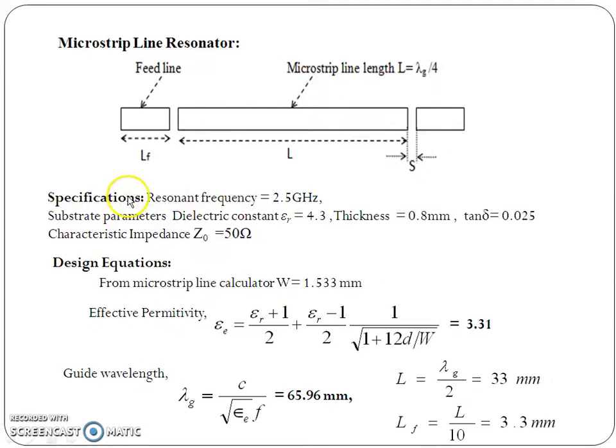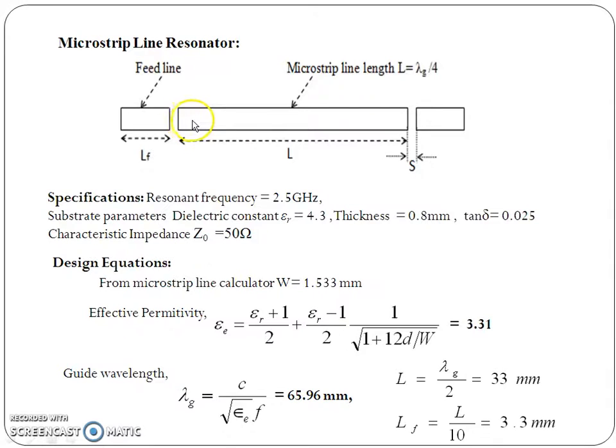The specifications are like resonating frequency given as 2.5 gigahertz, and the substrate parameters are given, where the dielectric constant epsilon r is 4.3, the thickness of the substrate is given as 0.8 mm, and we have got the tan delta value, which is the loss tangent value, given as 0.025, and the characteristic impedance Z0 is 50 ohm.